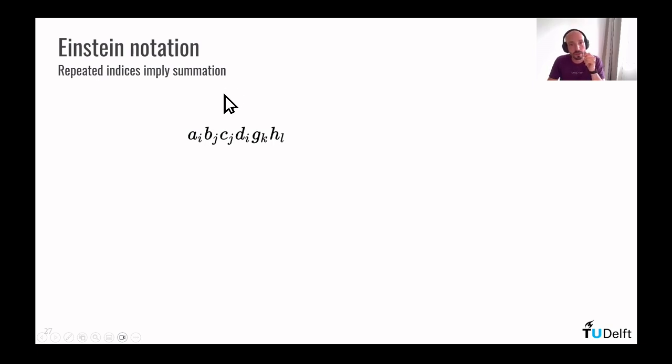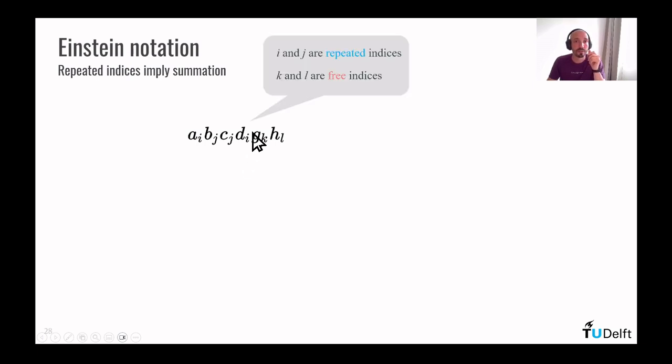If we look at this expression, for example, we have a sub i, b sub j, c sub j, okay, j is repeated, d sub i, so i is also repeated. So we can say that i and j are repeated indices.